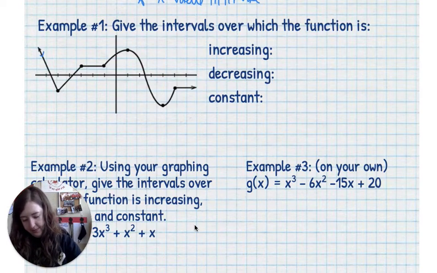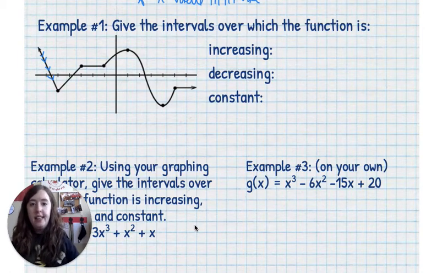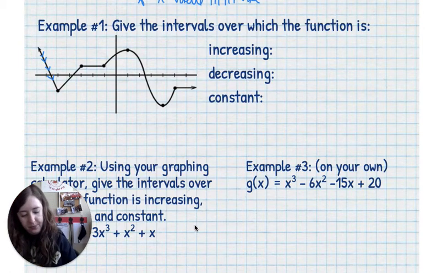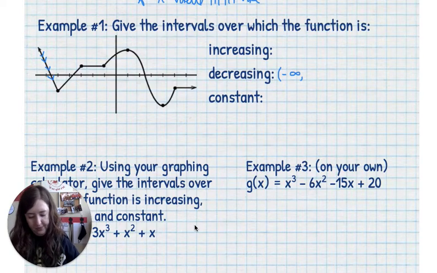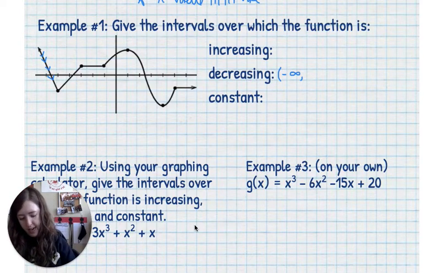So at first, my line's going down, right? That means I'm decreasing. So I have that from -infinity until this point right here, and this is at -5.